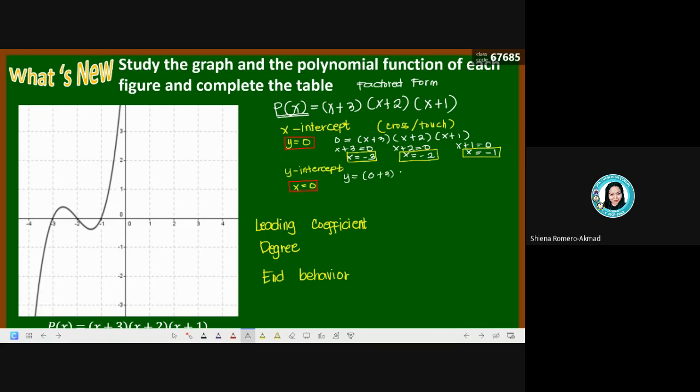Si x magiging 0. 0 plus 2. 0 plus 1. Or simply, y equals 3 times 2 times 1. So 3 times 2 times 1 is 6. So what now is our y-intercept? Y-intercept is equal to 6.